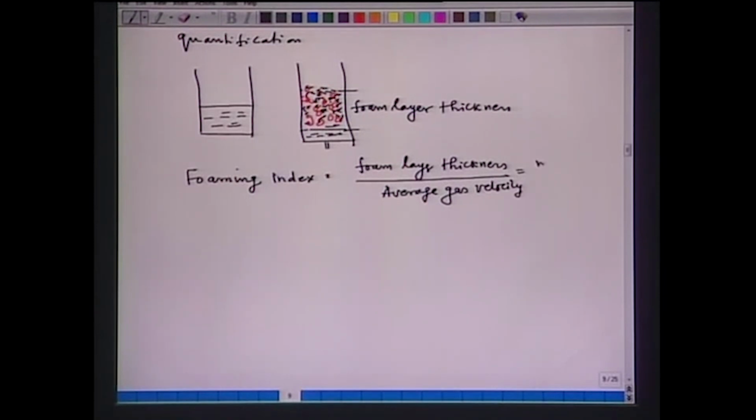So, if this is in meter, this is in meter per second, then the foaming index comes in seconds. Low foaming index means gas can escape easily, or residence time of the gas bubble in the slag is small, hence the slag will be of lower foaming index. Higher foaming index means the escaping of the bubbles is delayed, and hence slag will foam.